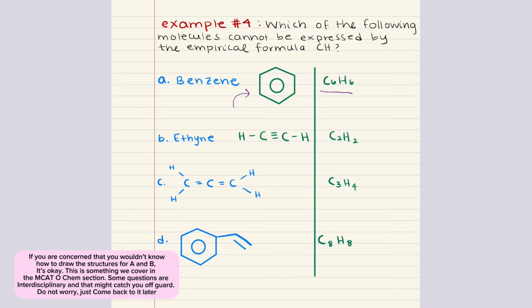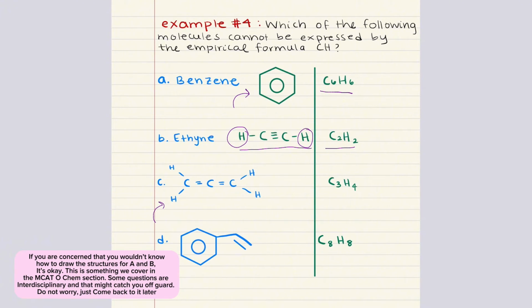Answer choice B is ethyne. This is drawn right here. It's a carbon-carbon triple bond, and then each carbon also has a hydrogen, and the molecular formula for this is C2H2. Then we're given the following structure. This is C3H4, and then D, we have the following structure, C8H8.